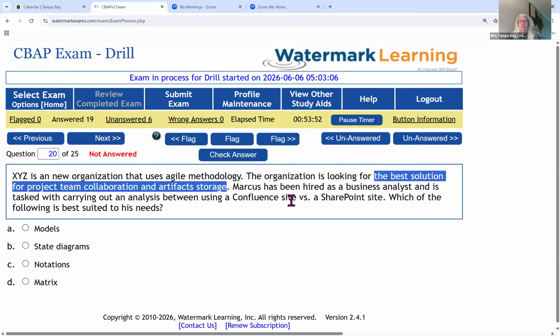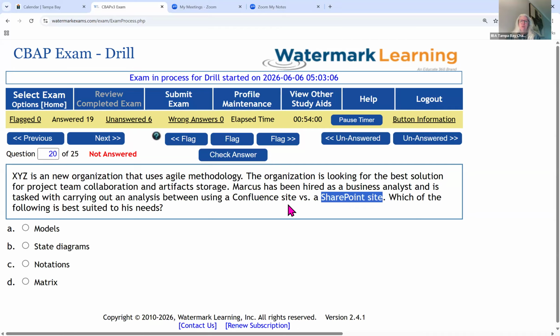So this is like just an information repository opportunity. Which of the following is best suited for his needs? So he's going to need to compare what he needs to what Confluence can give him and what SharePoint can give him. Would he use a model, a state diagram, notation, or a matrix? Which one can we eliminate?